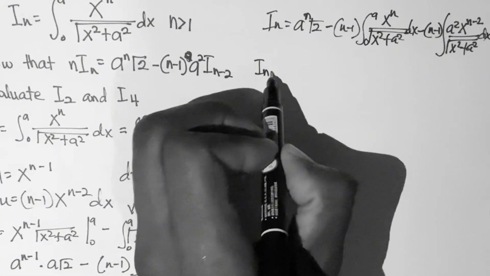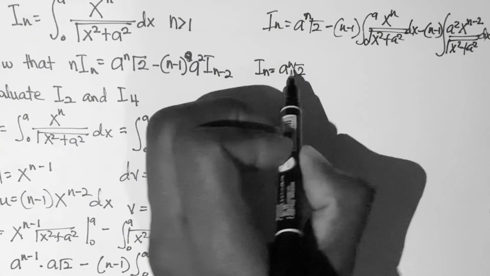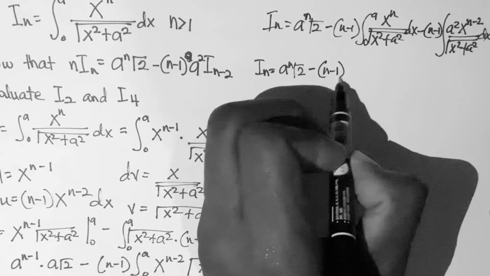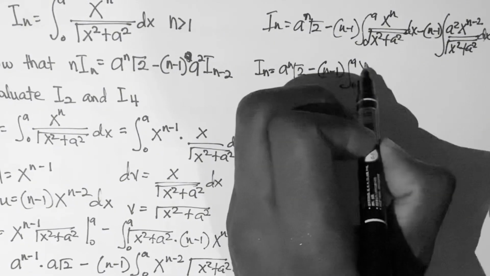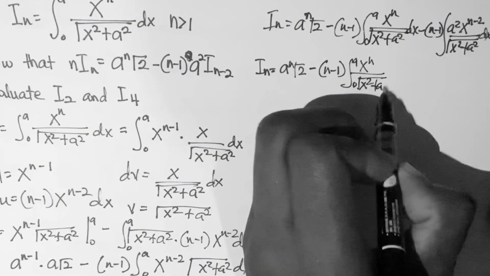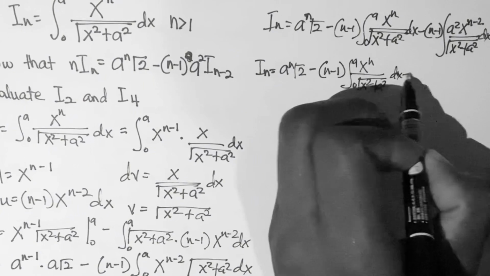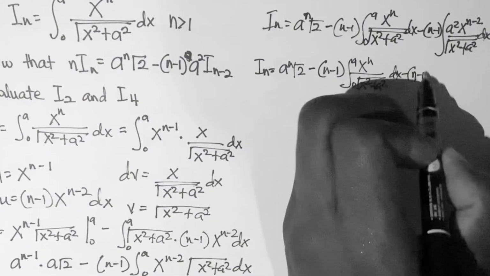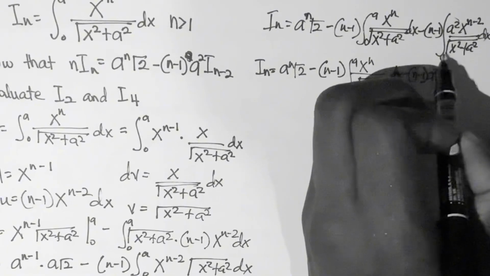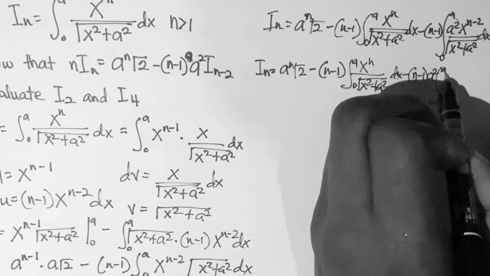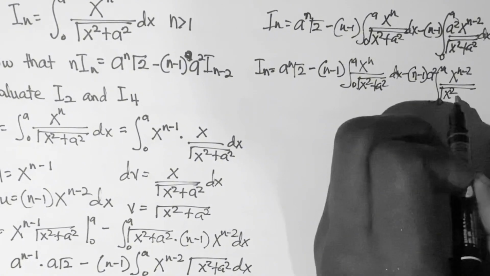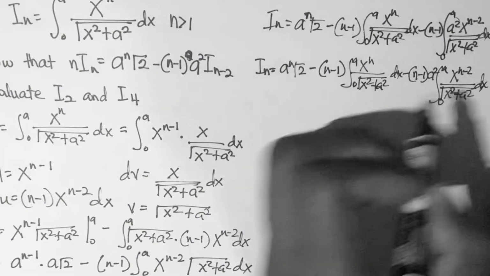So I of n is equal to a exponent n root 2, then minus into bracket n minus 1 integral 0 to a x exponent n divided by square root of x squared plus a squared dx, and minus n minus 1, that I'm pulling out a squared, integral of, here 0 to a of x exponent n minus 2 divided by square root of x squared plus a squared dx.